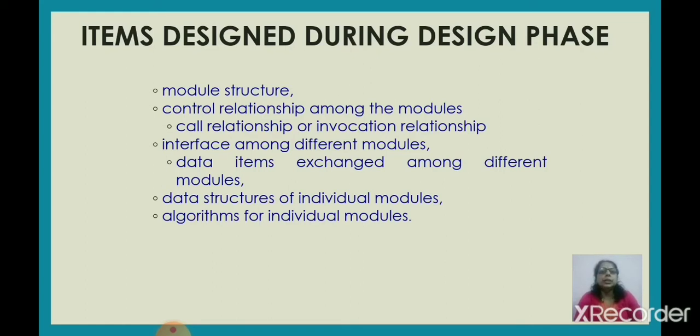What are the relationships among different modules, which module calls which module, or which module invokes which module, and the different data items exchanged by the modules, and what will be the data structure, what will be the algorithm. These things are designed in this phase.